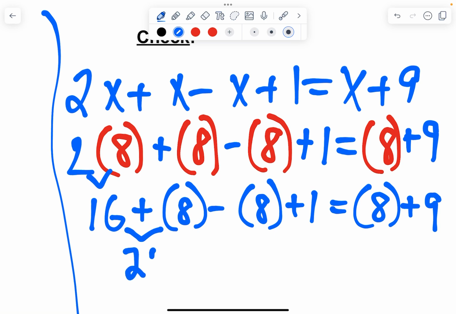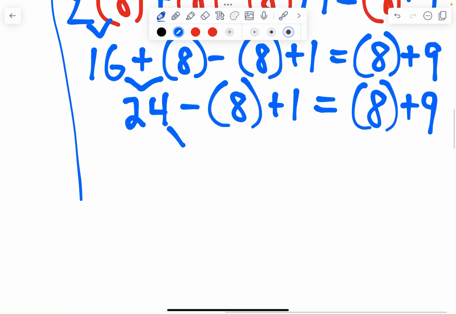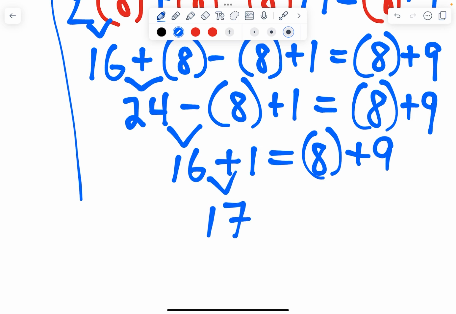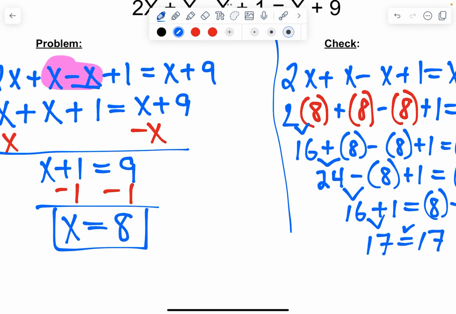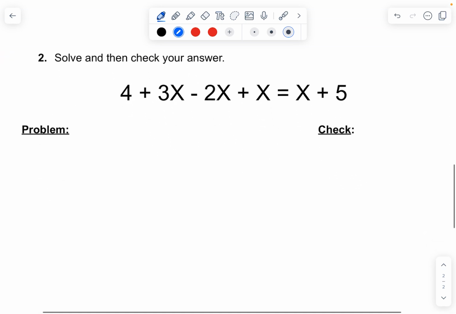So I'm going to go 24, 16, and then I get 17 equals 17. And I know that 8 was the correct answer. Let's keep going to the next problem.